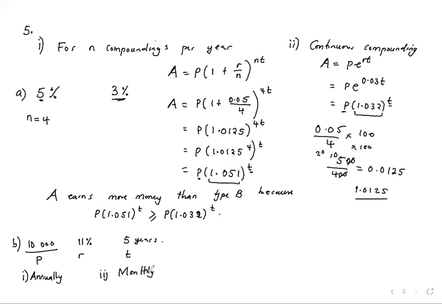So if you're doing it annually, it means that your N is 1. So you say A is equal to P, which is 10,000, multiplied by 1 plus R, that is 11% in decimal, 0.11, over N, which is 1, to the power N times T, which is 5.